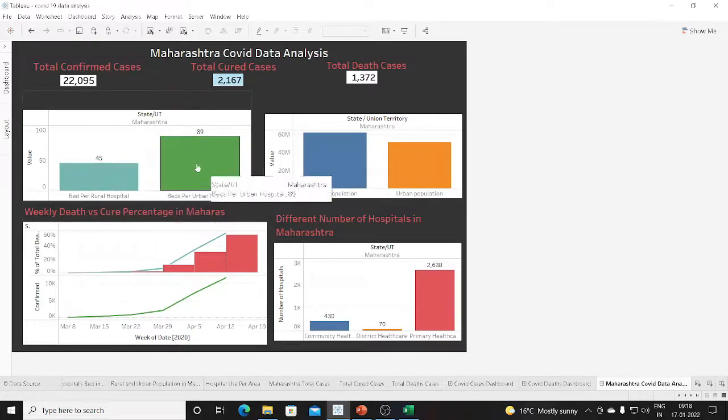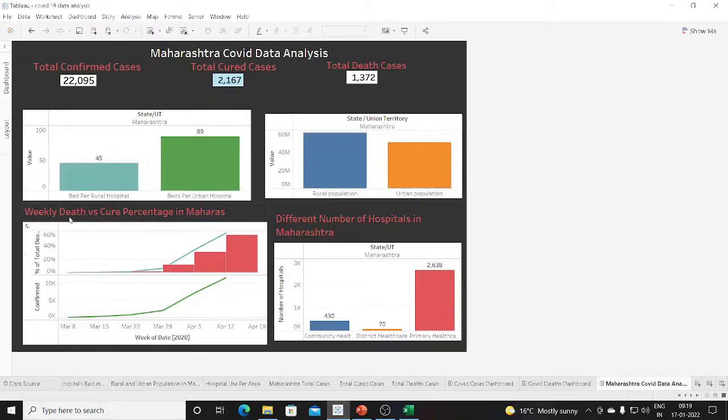In urban areas there are approximately 89 beds per hospital, and in rural areas there are 45 beds. So there are fewer beds in rural areas compared to urban, right? And based on the population, most people are living in rural areas, and fewer people live in urban areas.